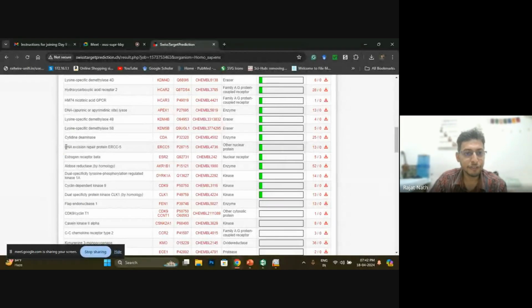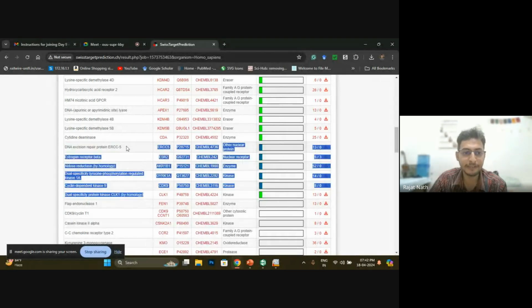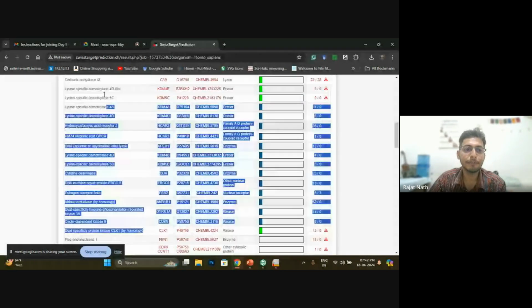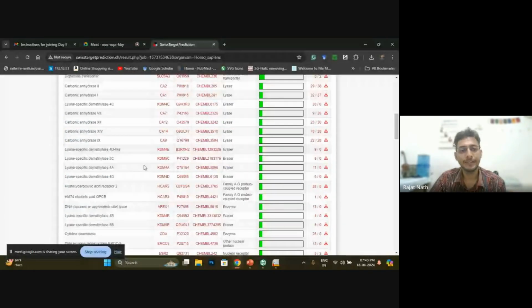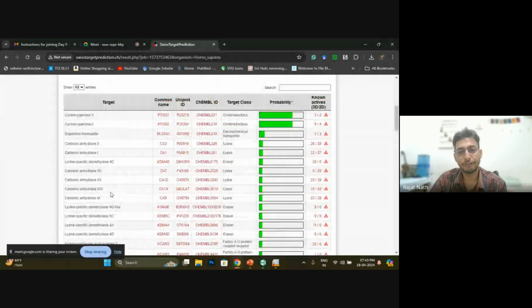Then DNA excision repair protein, that is related to cancer, because if the DNA excision repair is not working properly, it may cause mutation. So this may be related to cancer. So when you are working with a particular disease, you will know whether this protein is related to your targeted disease or not. By this, you can consider those types of targets and go for further analysis.